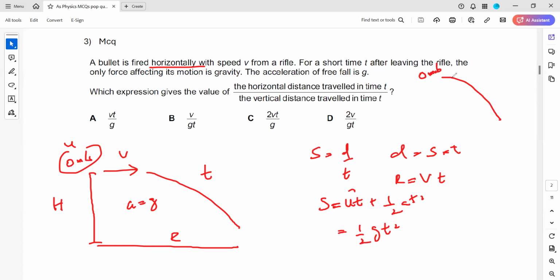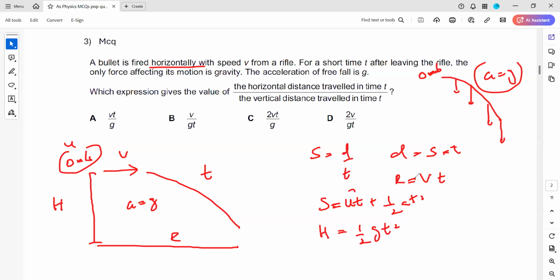It means that if it is launched horizontally, the vertical velocity will increase, and every time it increases by 9.8, the acceleration due to gravity. So vertical velocity is not constant. Acceleration is constant, or the increase in the velocity is constant. So the vertical height is h here. So h is equal to half gt square.